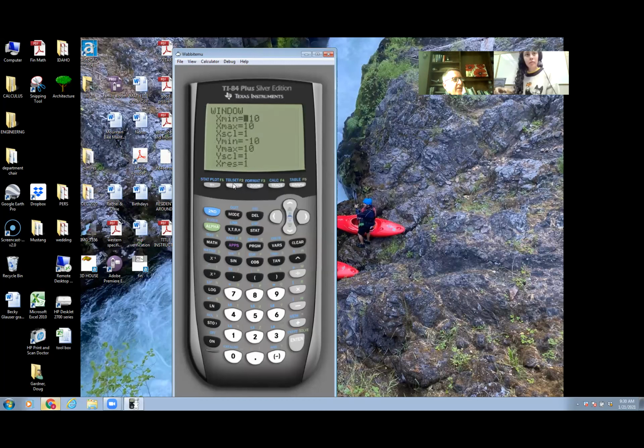If I go to window, see how it says X minimum is -10 and X max is 10. If I put X minimum as 3 and X max as -2, does it make sense that's backwards? You can't have a minimum be 3 and then a maximum be smaller than 3. So if I say graph, no, that's not what you got.